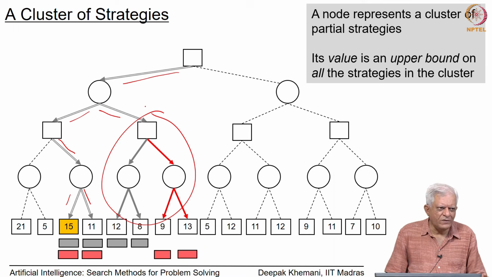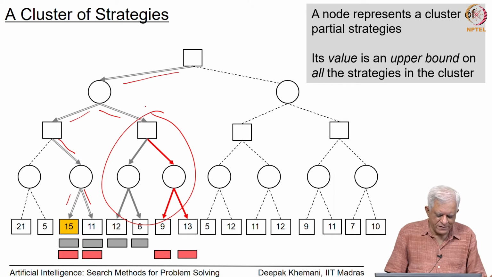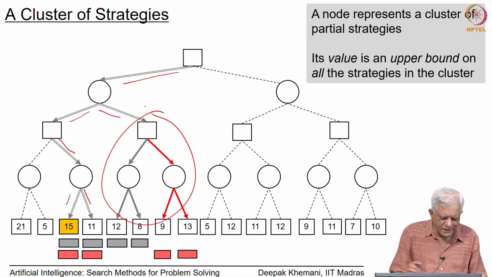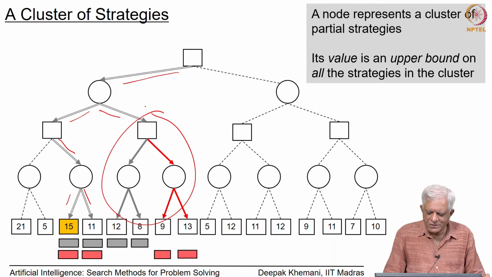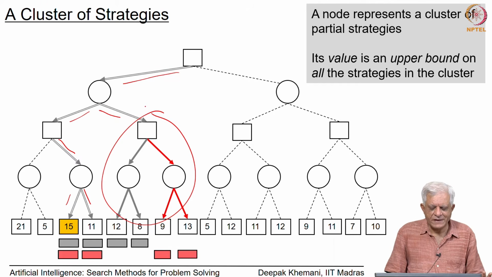Now, if you remember that the value of a given strategy is the minimum of the value of all the leaves in that strategy, you can also observe that this value, which is 15, the only node that we have so far looked at, is an upper bound on all the strategies in this cluster. In this particular cluster, there are 2 strategies. So, both these strategies cannot have a value greater than 15, because the value of a strategy is the minimum of the value of its leaves, and if you know one leaf, then you know that it cannot become higher than that. So, that leaf becomes an upper bound.